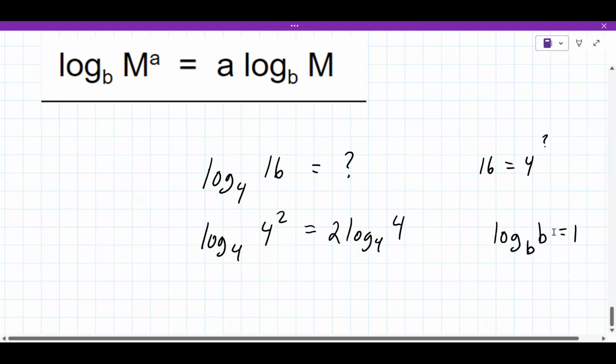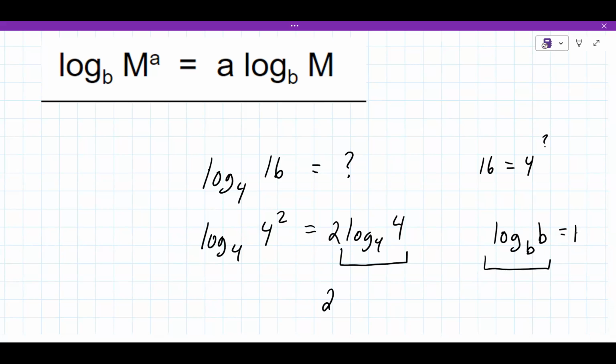What I'm trying to show you on the right here is that these are the same. b could be any number, as long as they're the same. As long as the base is the same as what you're taking the log of, this is always 1. So what is just log base 4 of 4? What does that become?